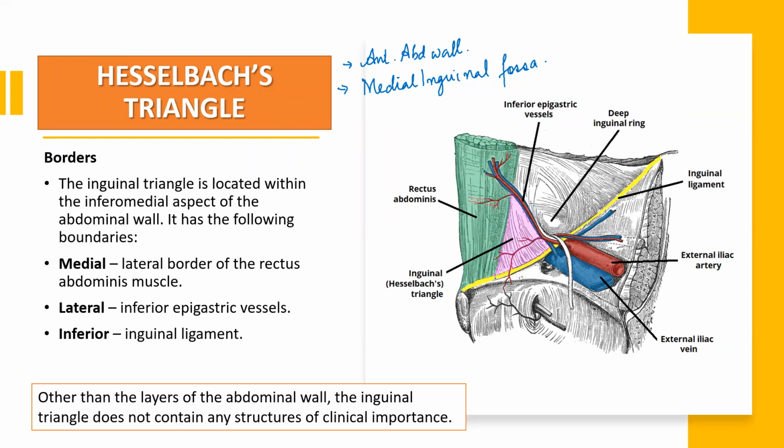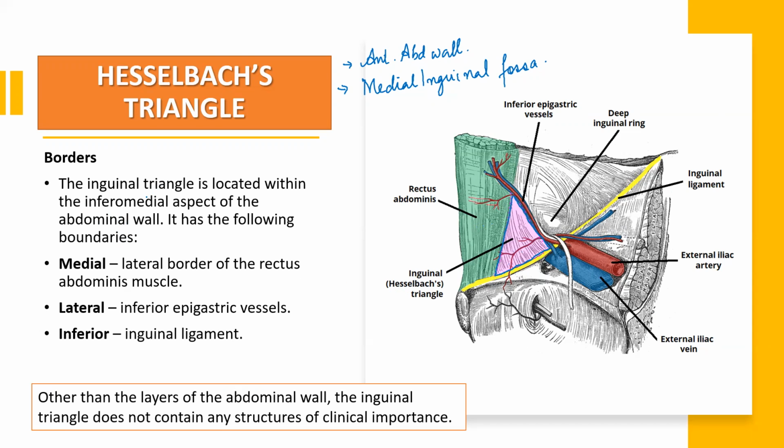And in the inferior part, we have the inguinal ligament, the one in the yellow. So this is the triangle which we're talking about as inguinal triangle. On one side, we have the lateral border of the rectus abdominis muscle. On the other side, we have the inferior epigastric vessels, and in the inferior part, the inguinal ligament.